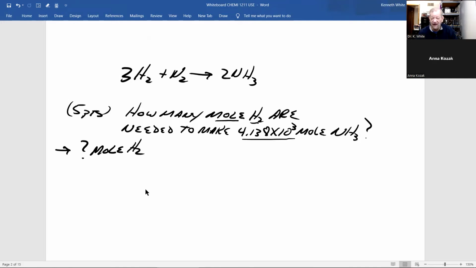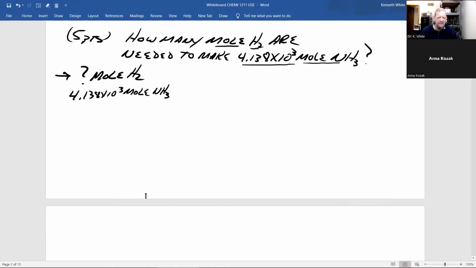Well, we're trying to make these many moles of ammonia, NH3. And we're also given this balanced chemical equation. That's important too. So let me rewrite it again.